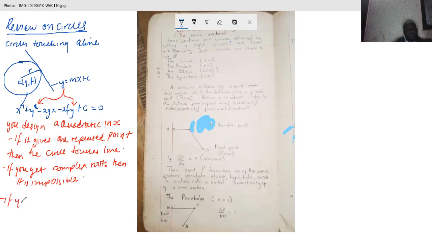Then if you get two different values of x, then the line crosses the circle.